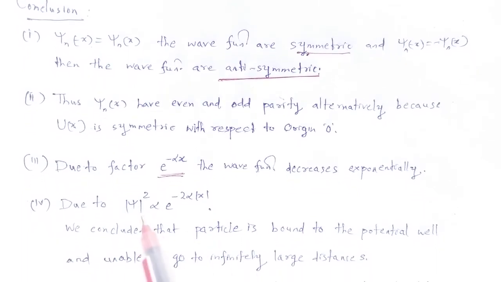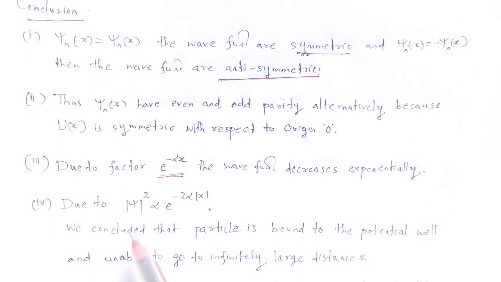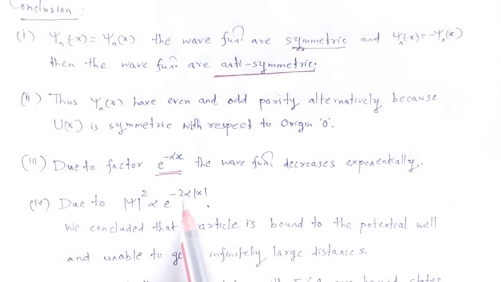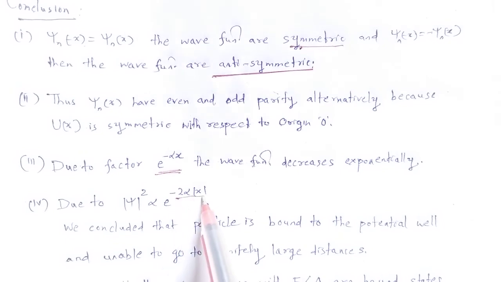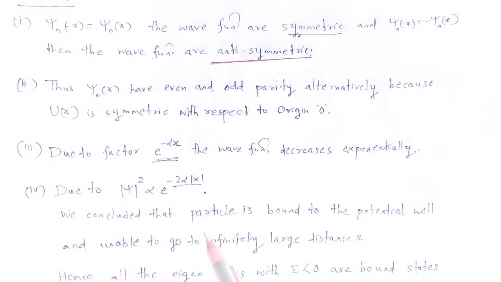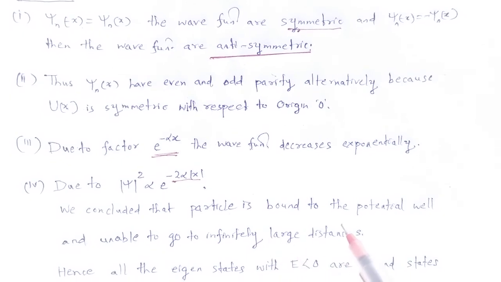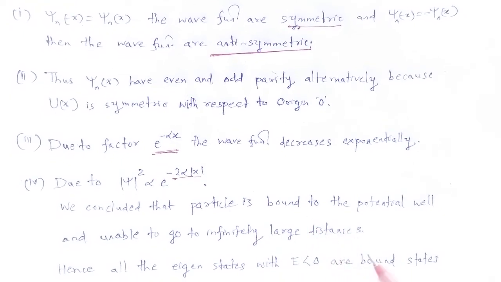Again, the magnitude of psi square, that is the probability density of finding a particle in a particular region, is directly proportional to e to the power minus alpha magnitude of x. We conclude that the particle is bound to the potential well and unable to go to infinitely large distances.